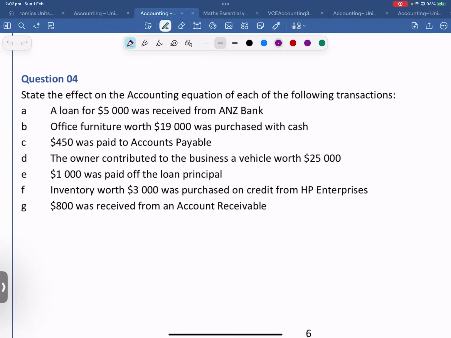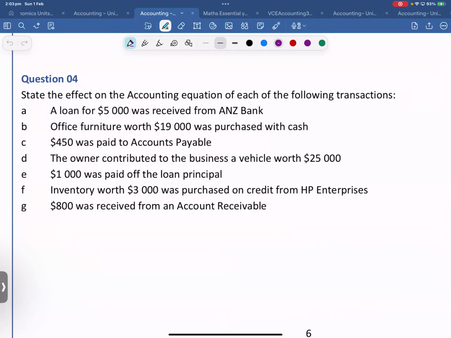Also, there can be an opposite story. What is it? If the owner withdraws something from the business for personal use, let's say business cash, business inventory, a business computer or vehicle, what will happen? Assets will decrease. Owner's equity or capital also will decrease.